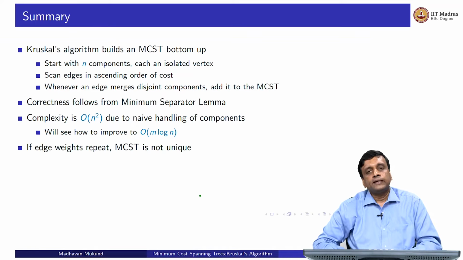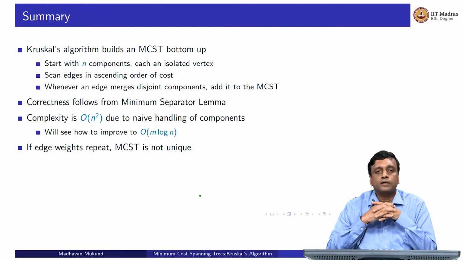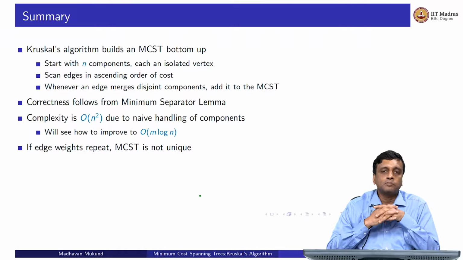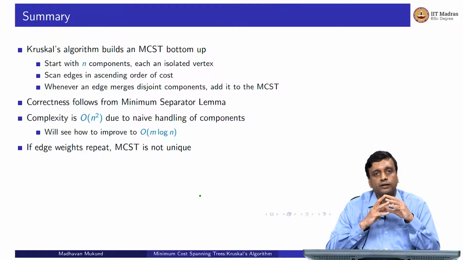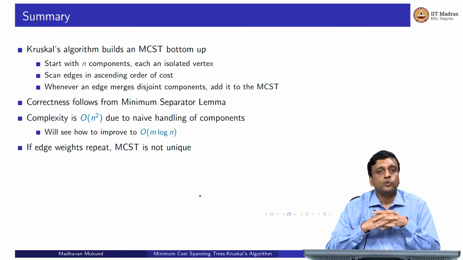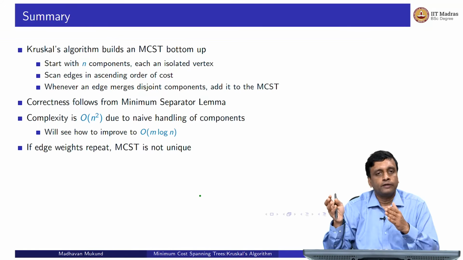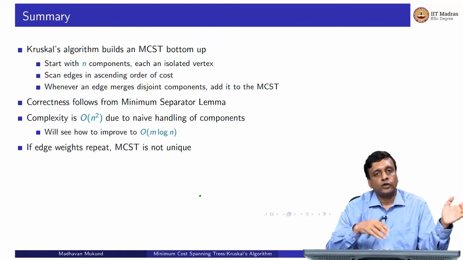Now, one thing to remember is that we have now two algorithms. So you might ask yourself, does Kruskal's algorithm give the same answer as Prim's algorithm? If not, when do they not give the same? So if the edge weights in our graph are all different, then you can prove using this minimum separator lemma, among other things, that the minimum cost spanning tree is unique. Because Kruskal's algorithm will pick up these things. For example, if they are all different weights, you take them in sorted order.